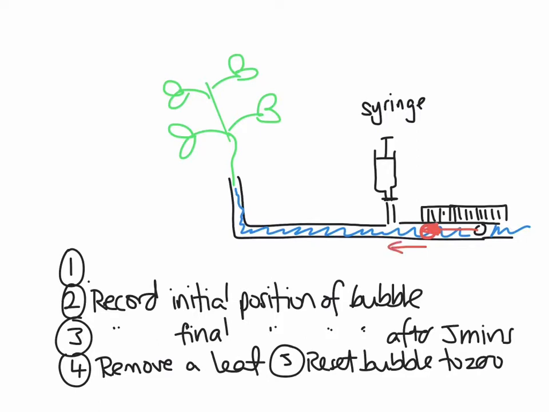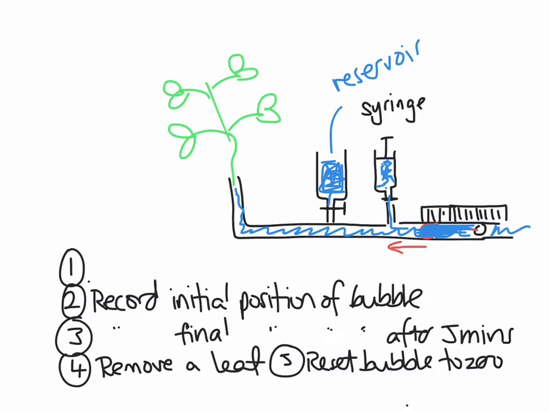So what we need to do, in the diagram we looked at first of all, it had a syringe there. So we would use a syringe to return the bubble. Once you press down the syringe, the water's going to go in, it's going to force the bubble back to where it was. Some don't have a syringe, they have a reservoir with a tap on it. So instead of a syringe, you might see something like that. So in this case, if it's labelled as a reservoir, you would open the tap to allow the water from the reservoir to move the bubble back to 0.